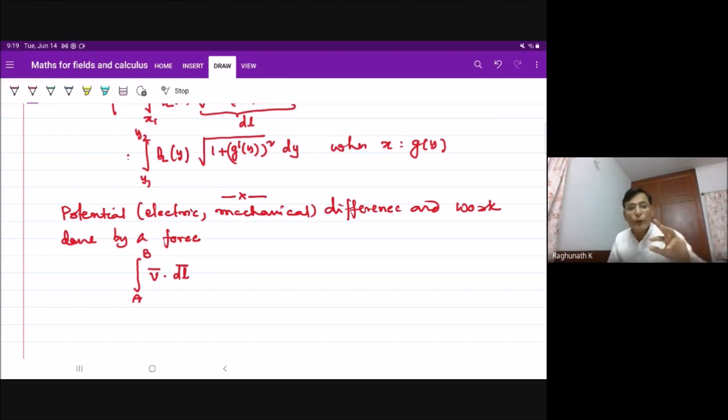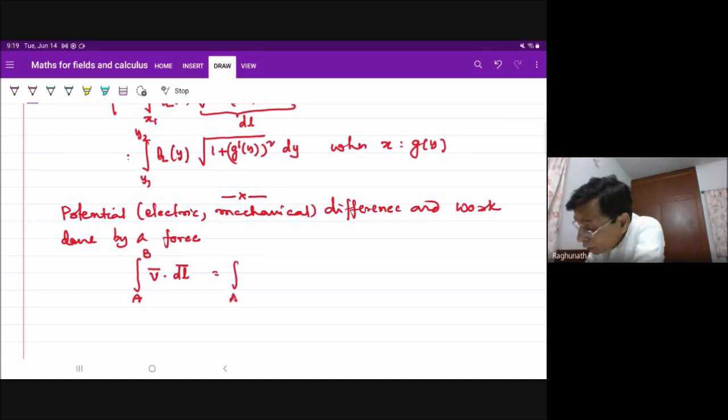When the topic comes, you will be in a better position. This is what we evaluate, the integral of a vector as a function of xy. Here, this is equal to integral A to B, very, very important thing, along a given path.